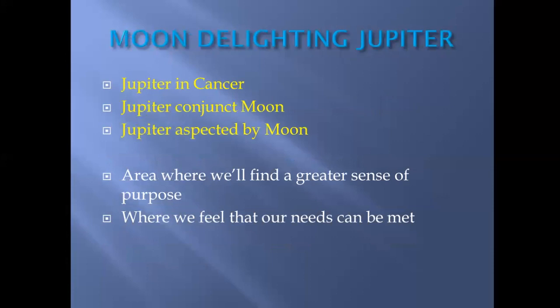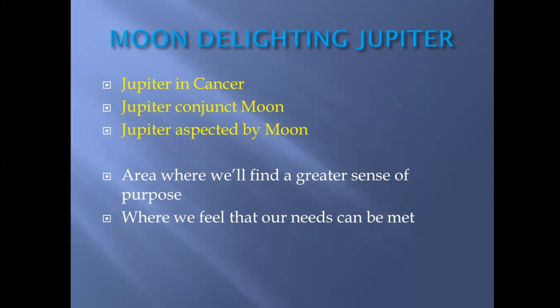Now, the Moon delighting Jupiter, which happens when Jupiter is in Cancer, the Moon sign, when Jupiter is conjunct the Moon, or when Jupiter is aspected by the Moon. So this is the area where we'll find a greater sense of purpose, where we feel that our needs can be met.